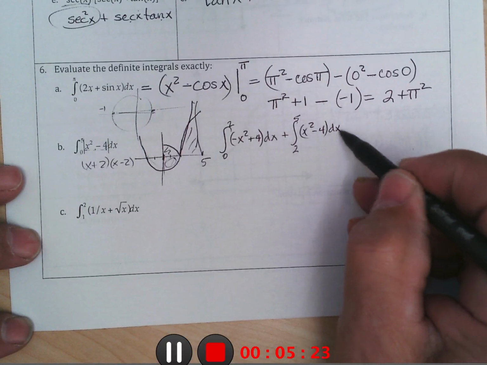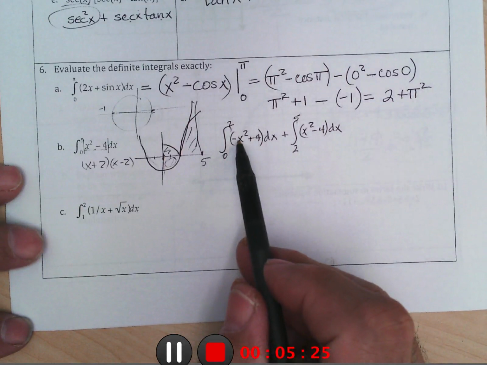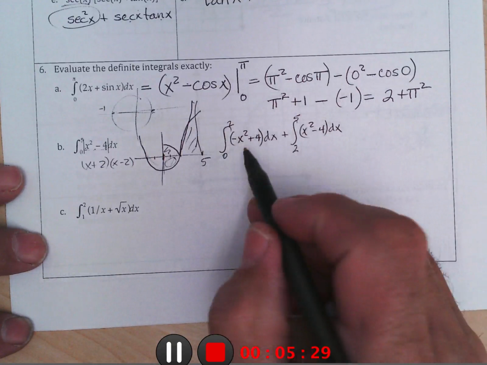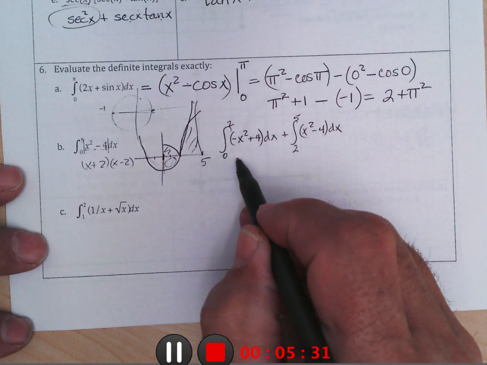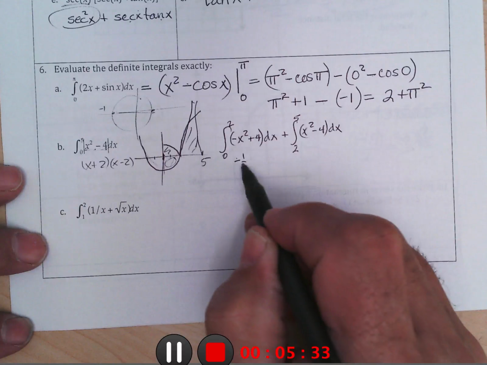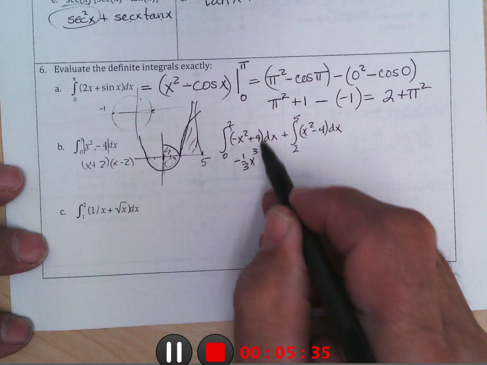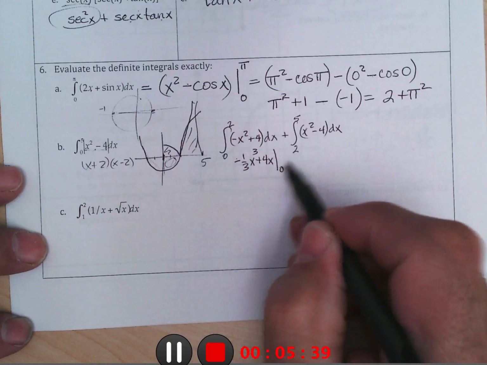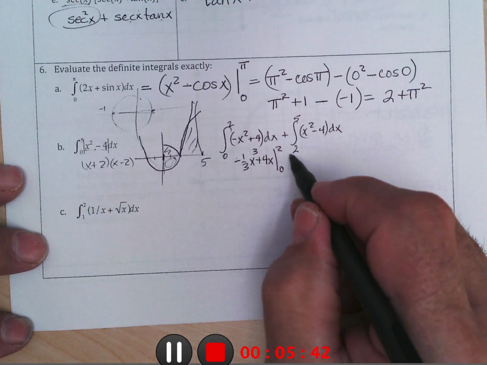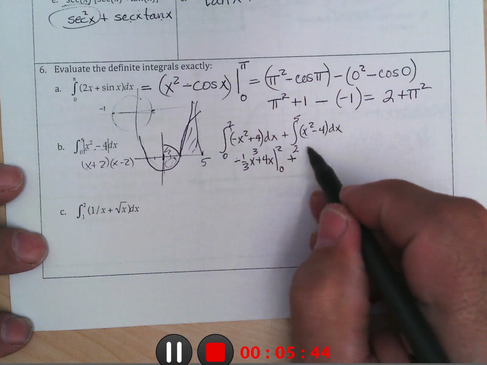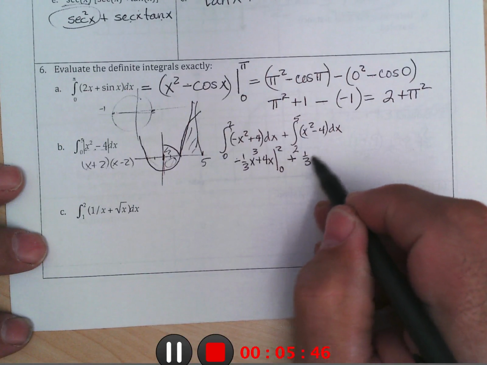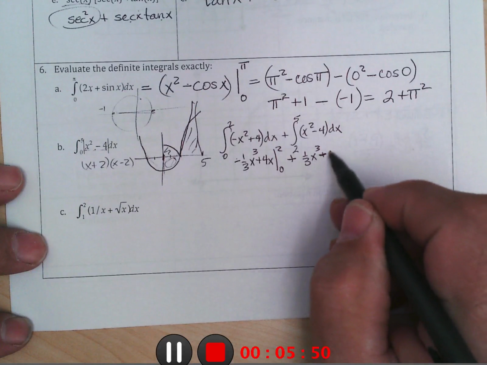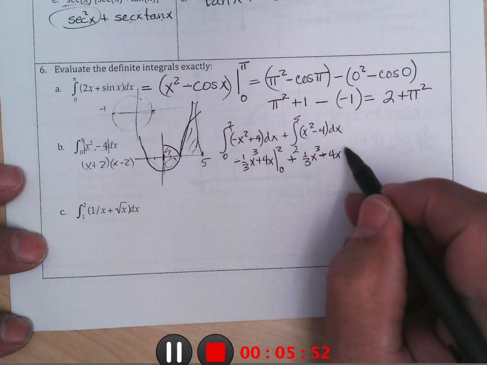Now the antiderivative of x squared is 1/3 x to the third plus 4x, and that's evaluated from 0 to 2, plus 1/3 x cubed minus 4x, and that is evaluated from 2 to 5.